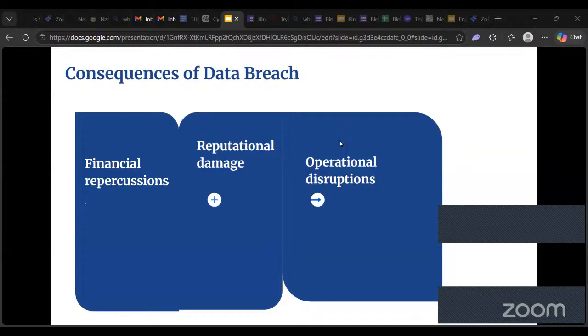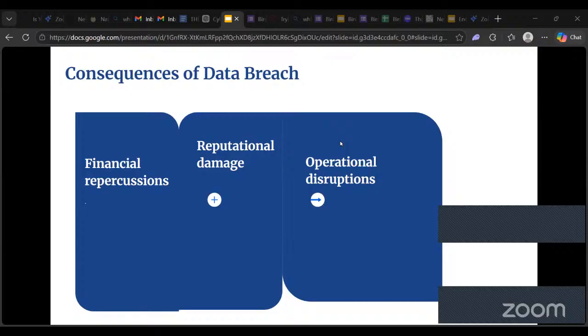So you are painting a good picture for the organization. But if the organization is not doing well and I am asked by my friend whether this company is doing well, I'll tell the person no, they're not doing well. Don't go near that place if you want your data or your funds to be safe. So that is one of the consequences.